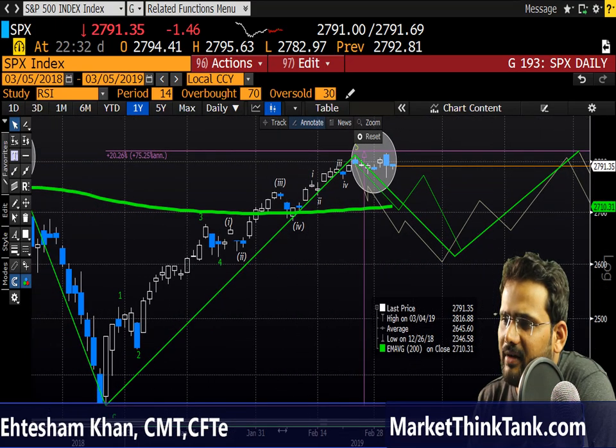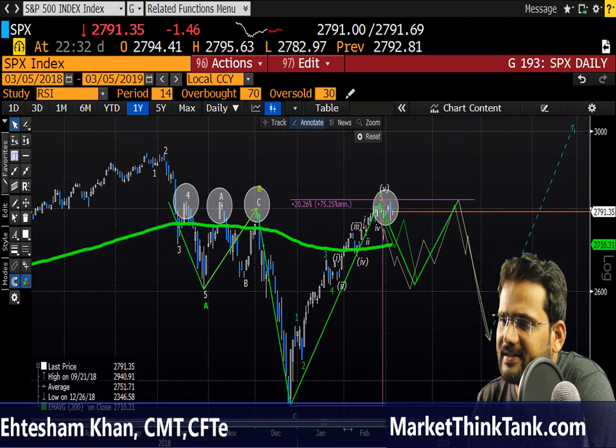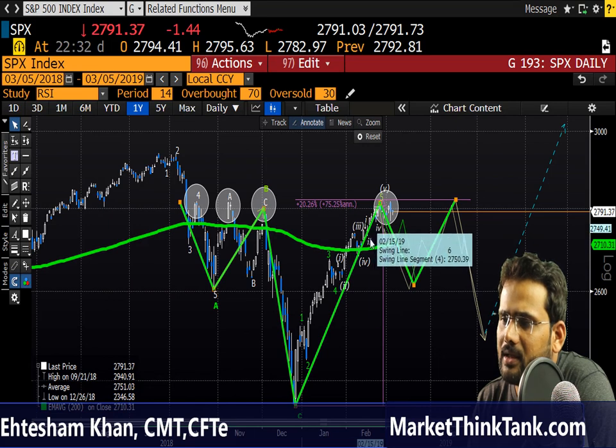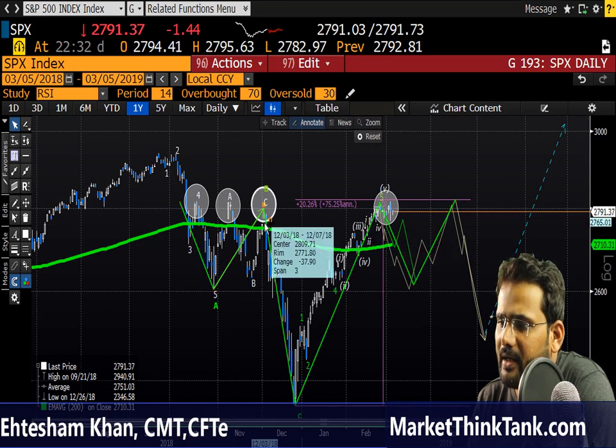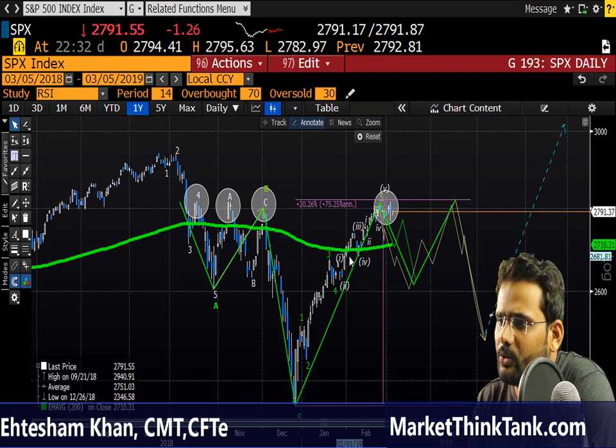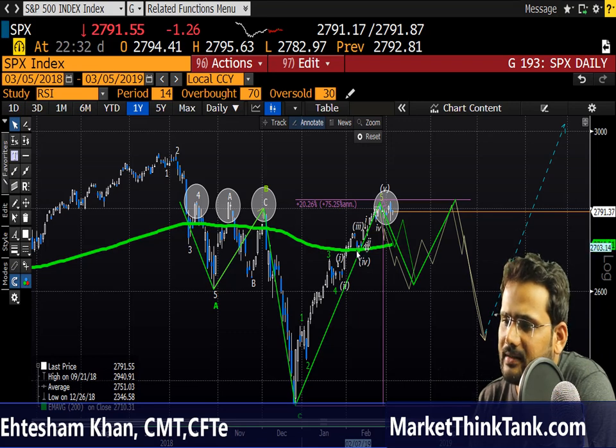It is the first time it is trading above since we got the breakdown in December. The market just penetrated above it in the month of February, and is now still managing to close above this level.